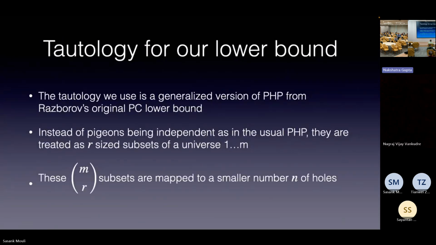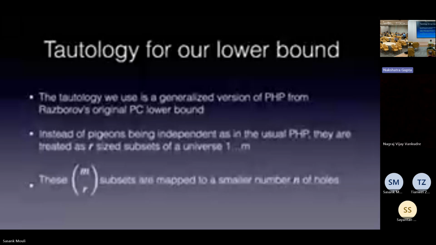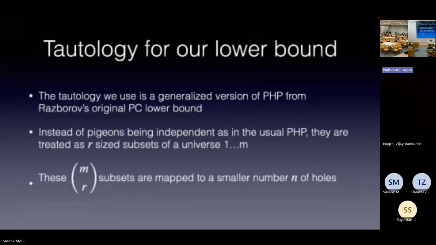I'll just mention that the tautology for our lower bound is basically due to Razborov in his original degree lower bound for PC, where he modified the pigeonhole principle tautology to make it more compact. Usually a pigeonhole principle maps pigeons to holes, right? So it says you have, say, n+1 pigeons and n holes, and you want to say that each pigeon gets its own hole.